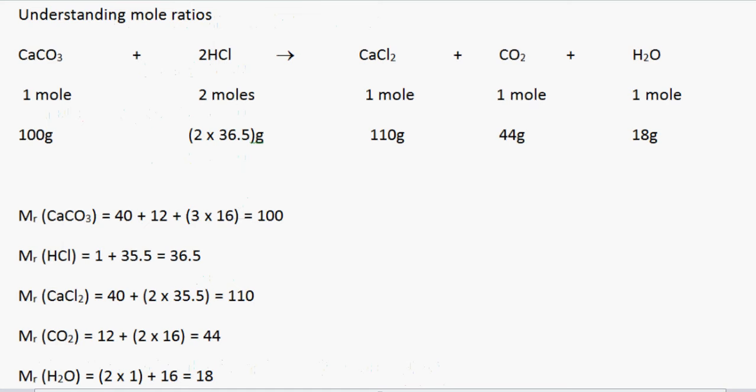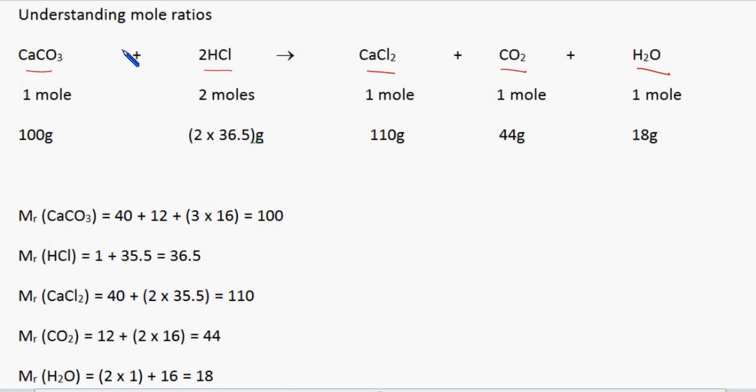Now, something that you need to understand is, what does an equation tell you? You need to understand mole ratios within an equation. In this example, we have calcium carbonate reacting with hydrochloric acid to give us a salt, which is calcium chloride, carbon dioxide, and water.